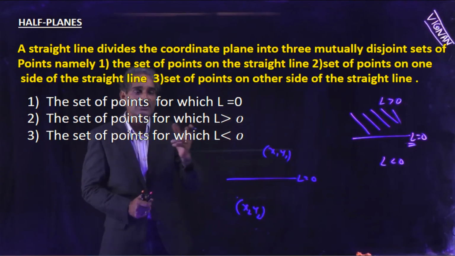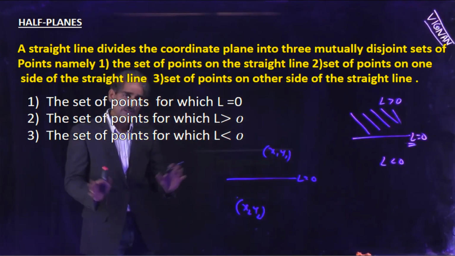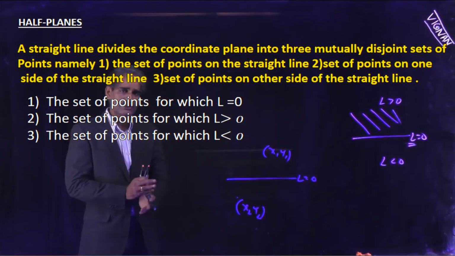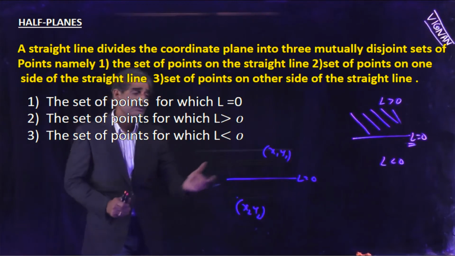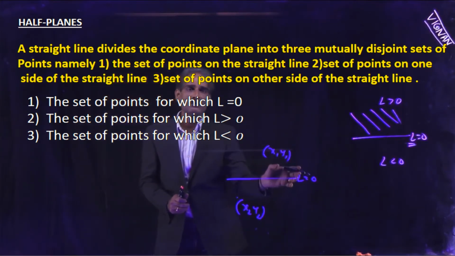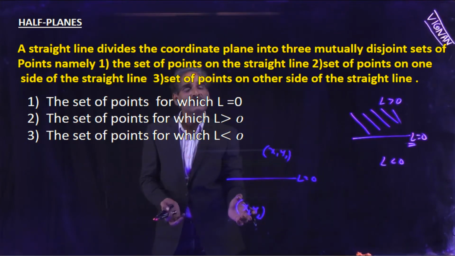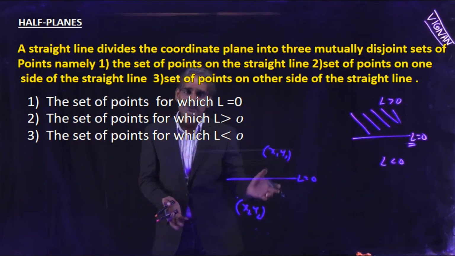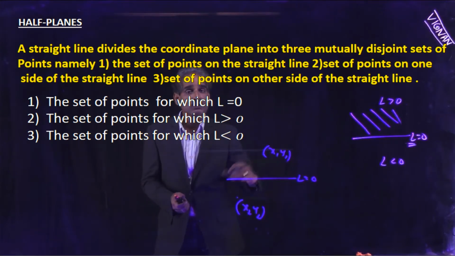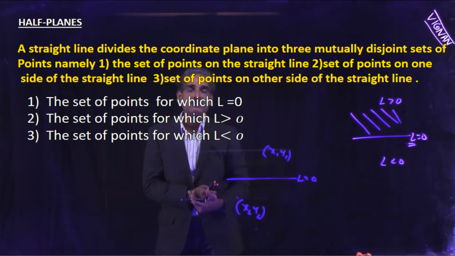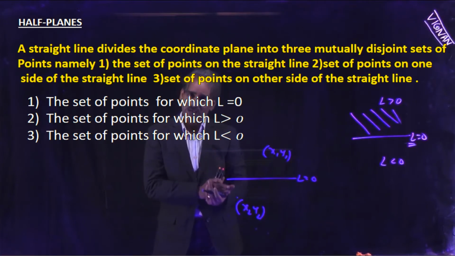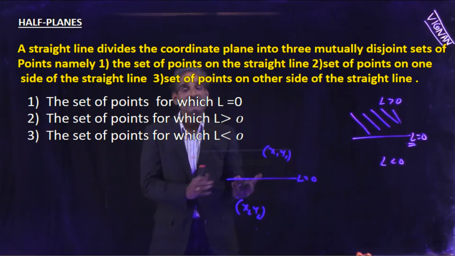With the help of these three conditions: if L equals 0 at a given point, that point lies on the line. If at one point we get L greater than 0 and at the other point we get L less than 0, then we can say the two points lie on either side of the line. With the help of the sign of L at x1, y1 and x2, y2, we can decide the position of the points.